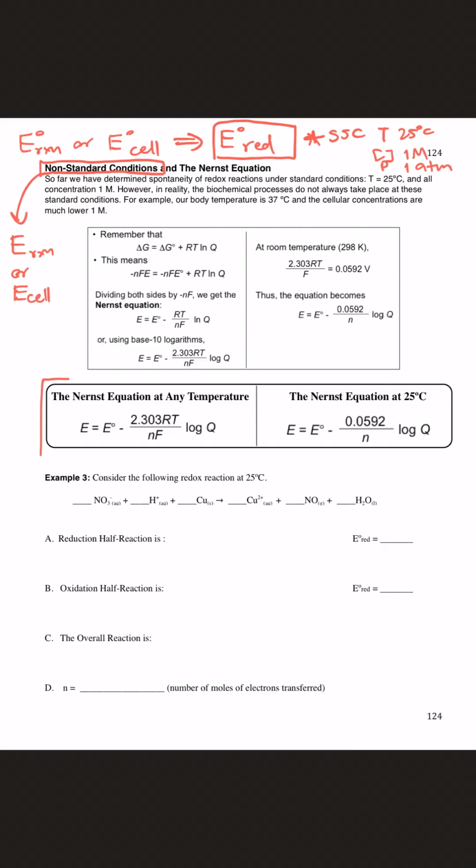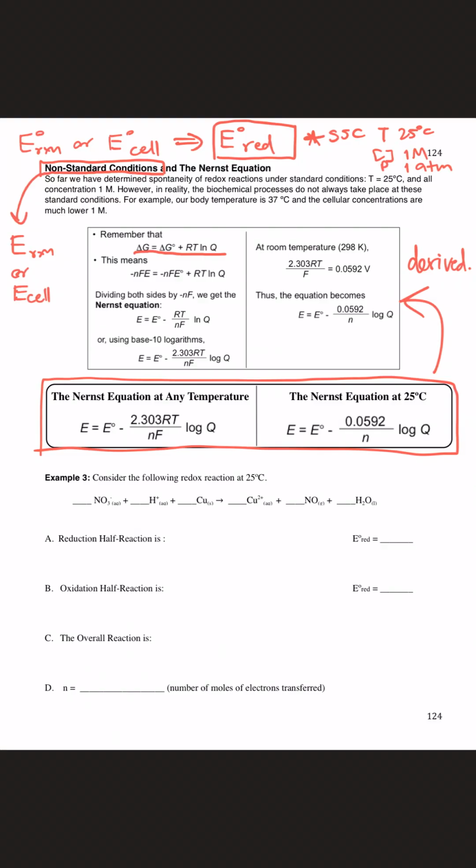So here is the Nernst equation. The Nernst equation is derived from here. Okay, you don't need to know how to derive it, but it pretty much comes from the combination of delta G and the E cell.